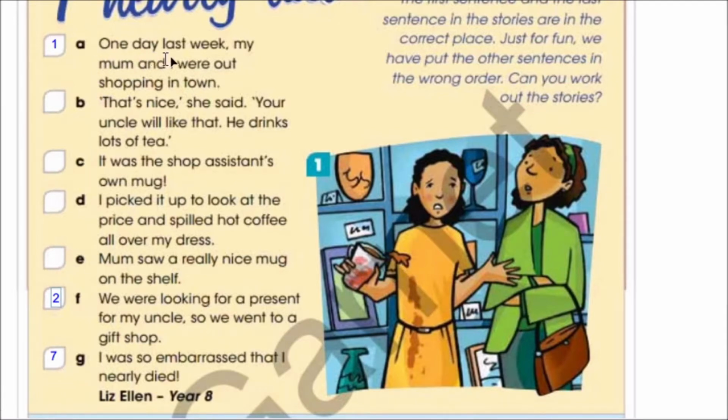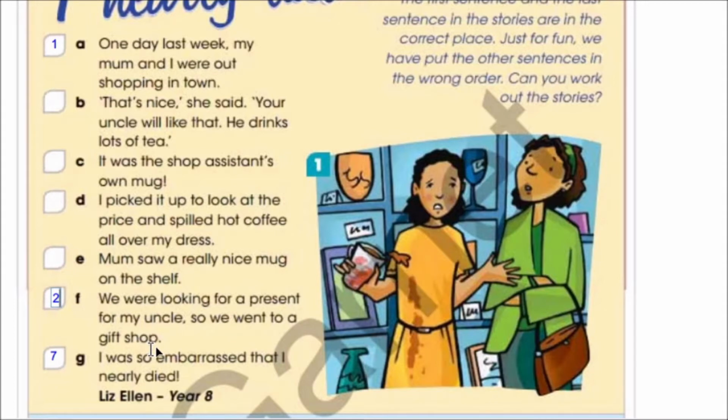One day last week, my mom and I were out shopping in town. Number 2, we were looking for a present for my uncle, so we went to a gift shop.